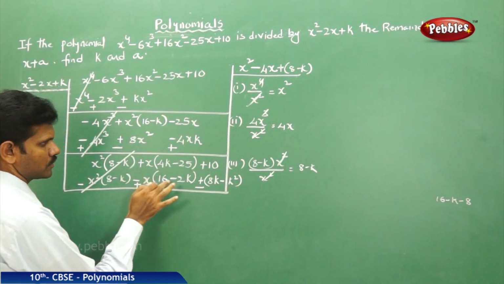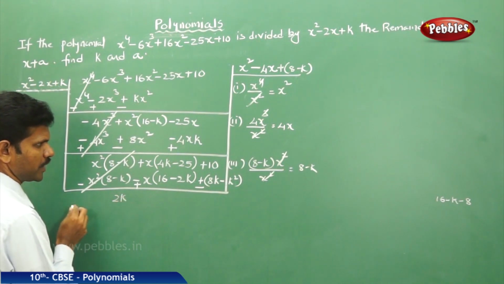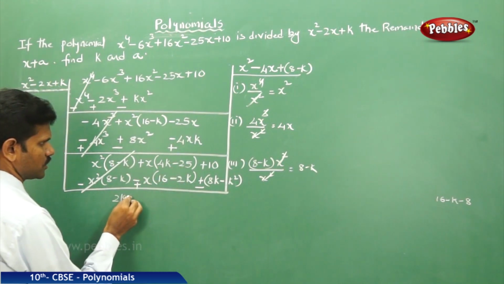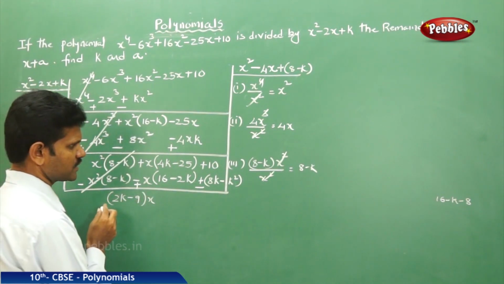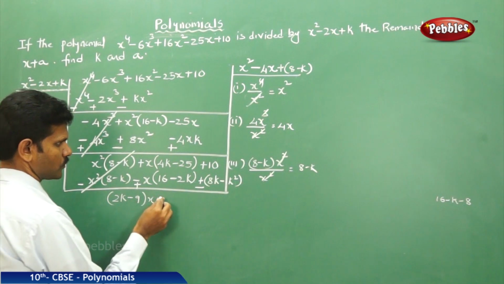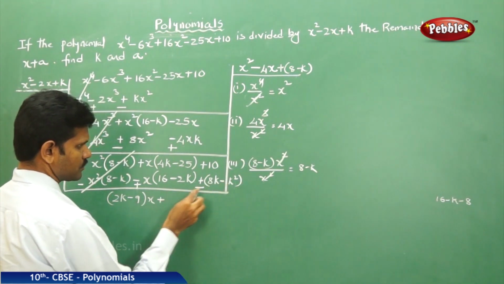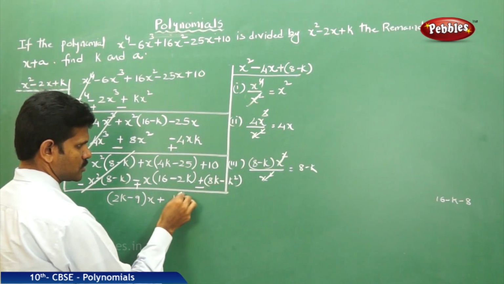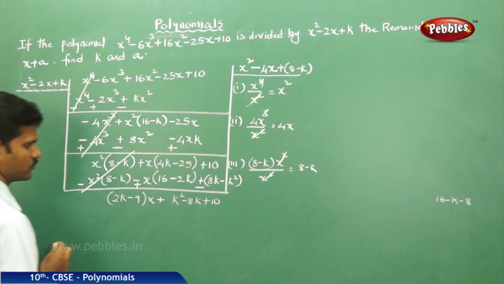Now see, minus 2k plus 4k, 2k, minus 25 plus 16, minus 9, into x. Next, plus minus into minus, plus k square minus 8k plus 10.